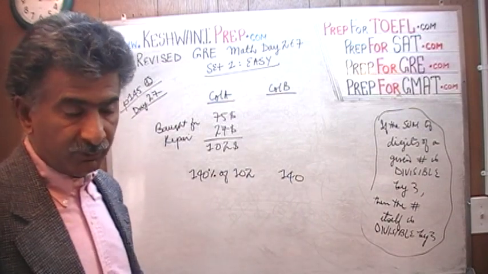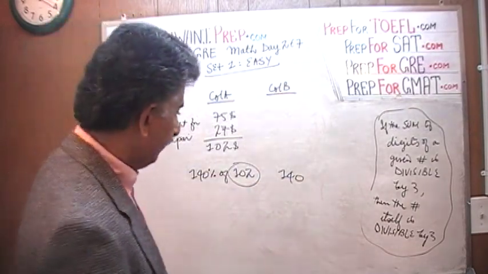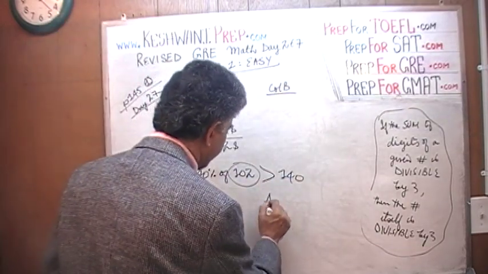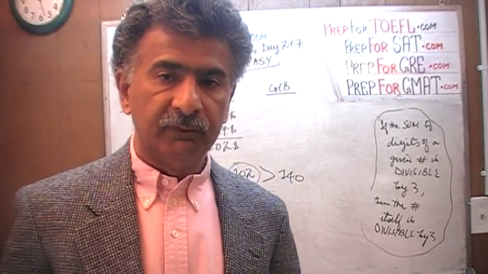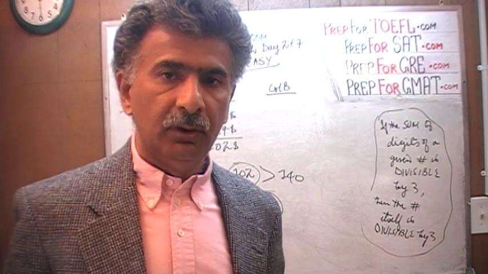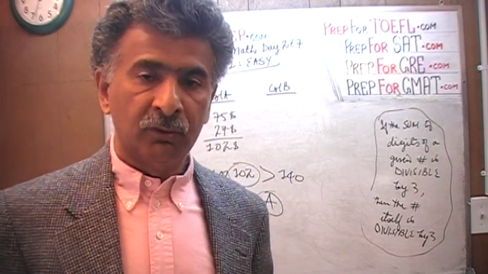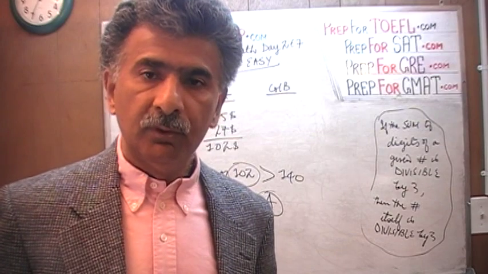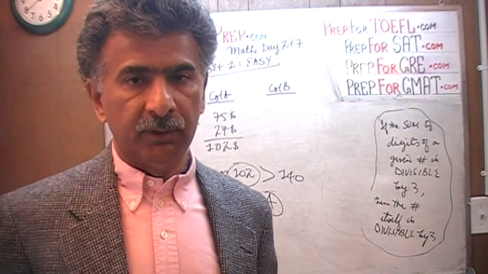Therefore, 140% of 102, whatever it is, is more than 140. Therefore, the answer is A. We don't actually have to spend our time to figure out exactly what 140% of $102 is, because nobody is asking us for that. These questions are called quantitative comparison. Our job is to compare the two things, not compute it, just compare them.